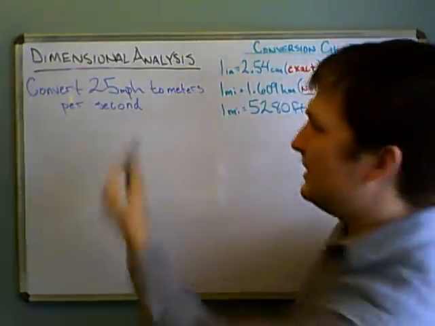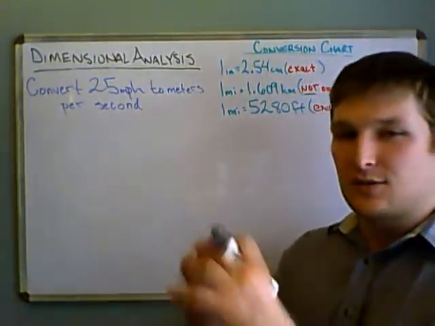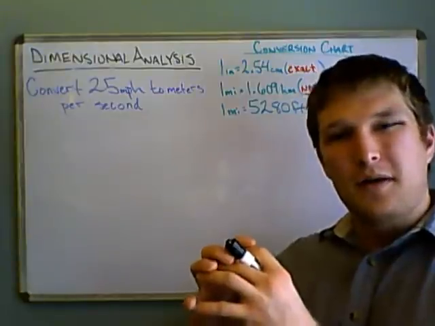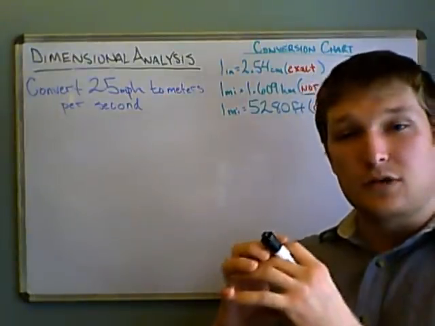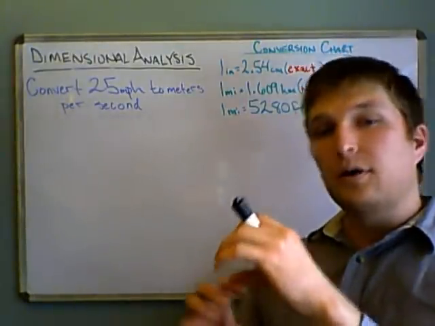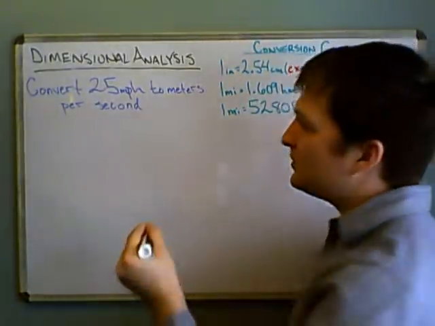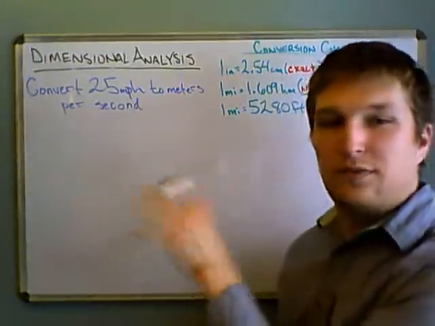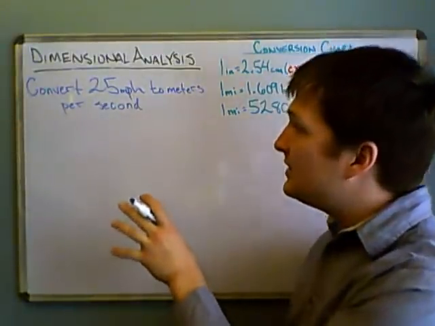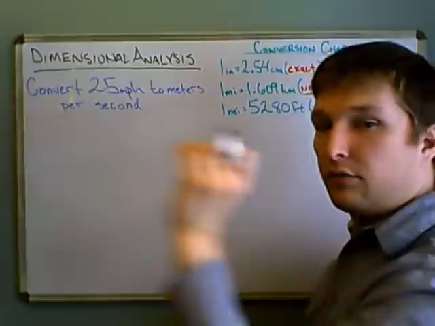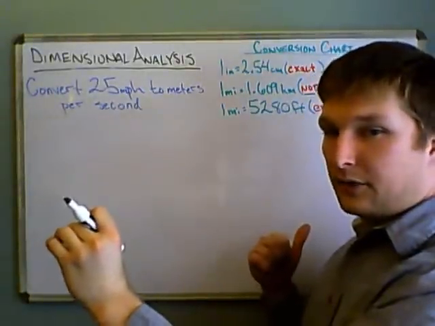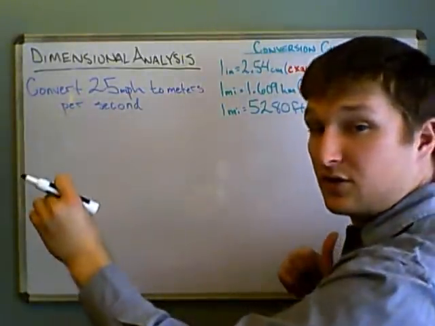So when you see MPH, that looks like it's one unit all bound together, but really it's two different units. It's miles per hour, and per just means divided by. So my first thing I'm going to do here is identify, okay, I want to go from one thing to another. What's my starting thing?